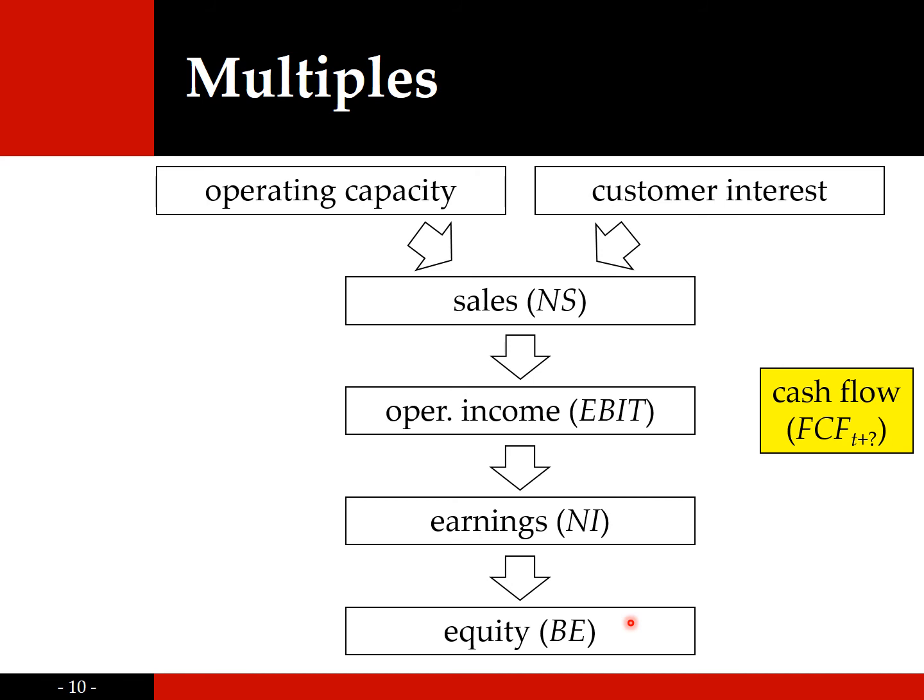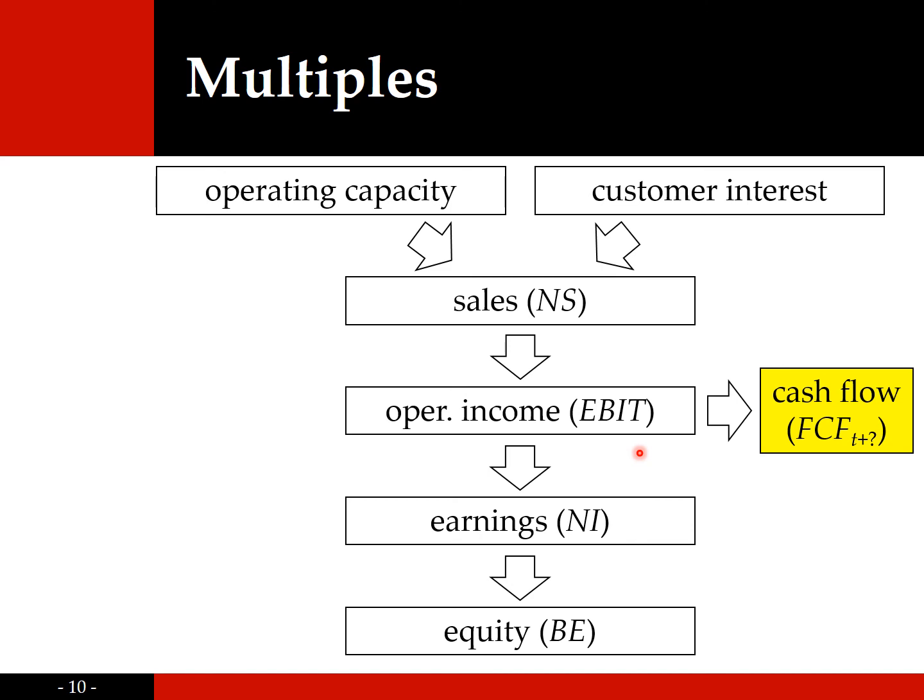Now the question is, which of these steps best represents the company's ability to generate future cash flow? Now we have not discussed cash flows yet, but you may know that cash flows are computed from EBIT, the operating profit, that is adjusted for taxes and adjusted for cash outlays needed to maintain and extend invested capital.